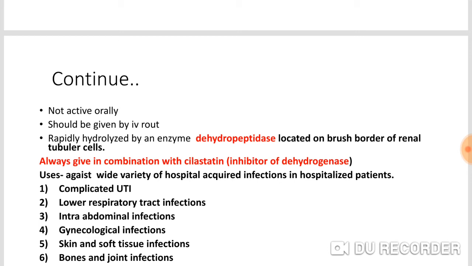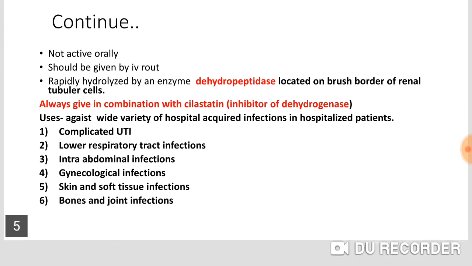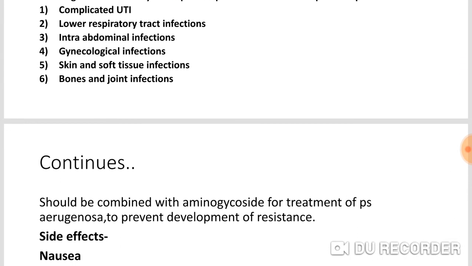resistant microbial infection. So uses: number 1, it is used for complicated urinary tract infection, lower respiratory tract infection, intra-abdominal infections, gynecological infections, skin and soft tissue infections, bone and joint infections. And it should be combined with aminoglycosides like gentamicin for the treatment of Pseudomonas aeruginosa infection, to prevent the development of resistance.